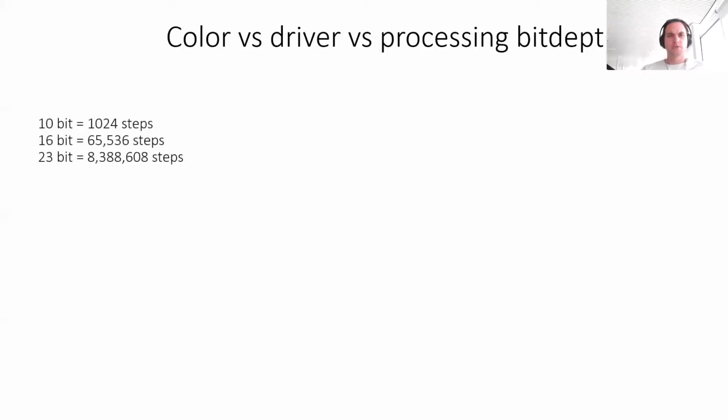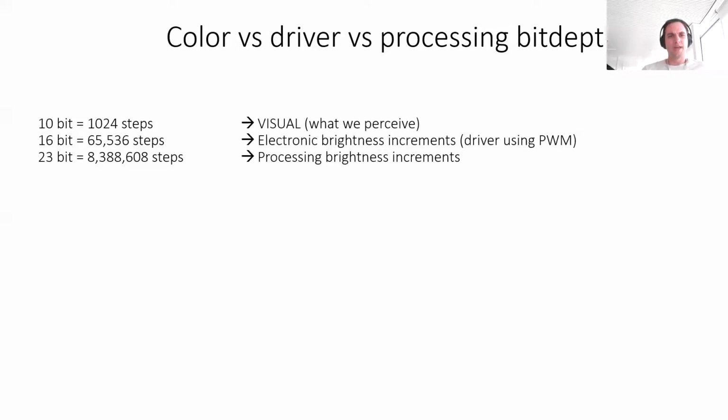So, first of all, bit depth can have different meanings depending on what we are referring to for a display. So we have the bit depth of the colors, which is usually 10 bits or 8 or 12.